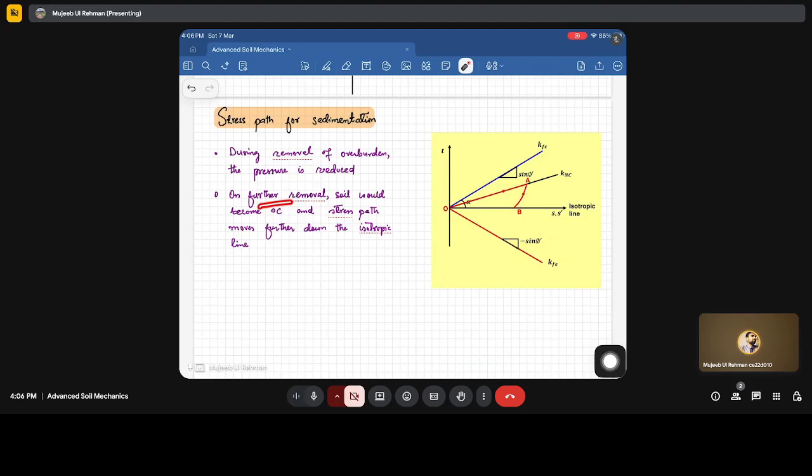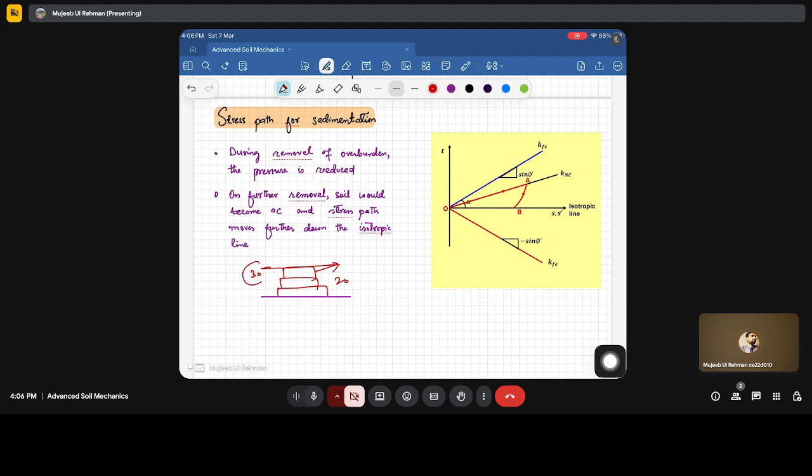On further removal, soil would become OC, because if you see, for example, this is the soil. Fine. Initially there is this layer, then another layer came, then another layer came. So this is the maximum stress it has achieved in the past. Now with this removal of the overburden, let's assume it was 30. Now this layer got removed, so the remaining is 20.